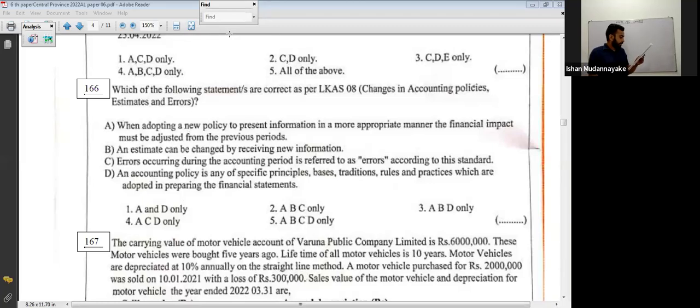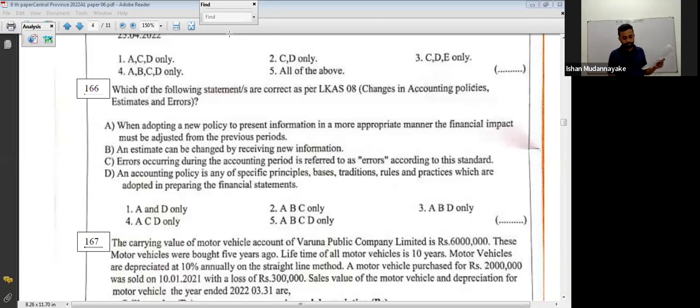When adopting a new policy to present information in a more appropriate manner, the financial impact must be adjusted from the previous period. That is correct.